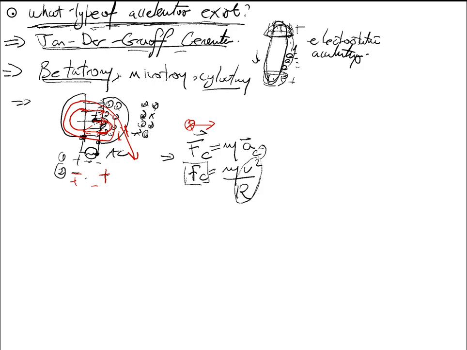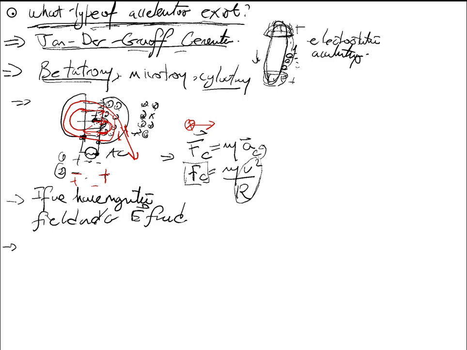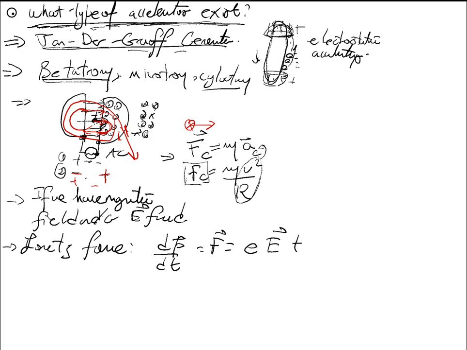Now we talked about there's a magnetic field perpendicular to that location. So if we have a magnetic field or an electric field, then we are dealing with the Lorentz force, which is given by dp/dt, which is force, equals charge times E field plus charge times velocity vector crossed with magnetic field.